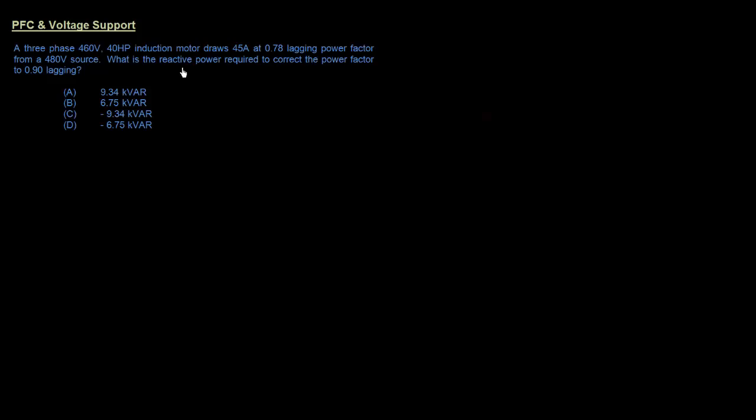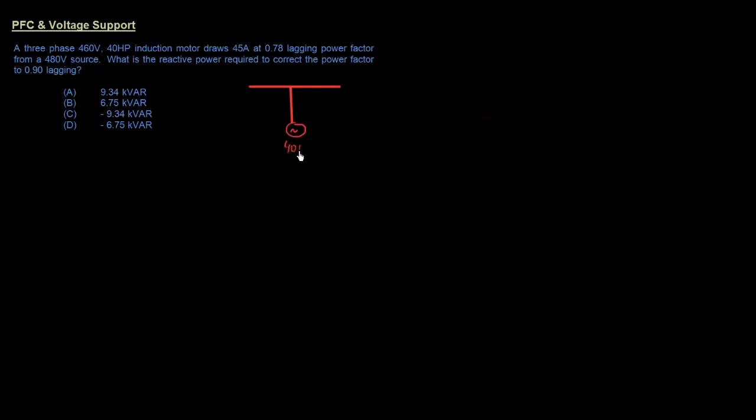What I like to do in these kinds of problems before we dive in is to get a visual by drawing a single line diagram. So let's say this is a bus, a 480 volt bus, and that's the feeder for this three-phase motor.